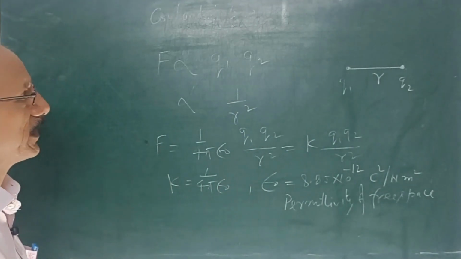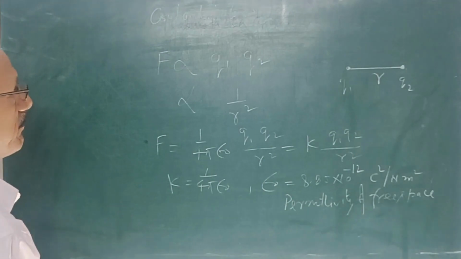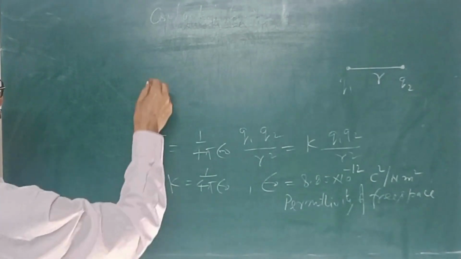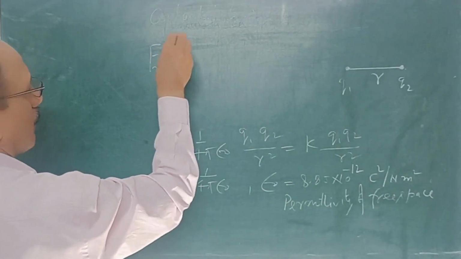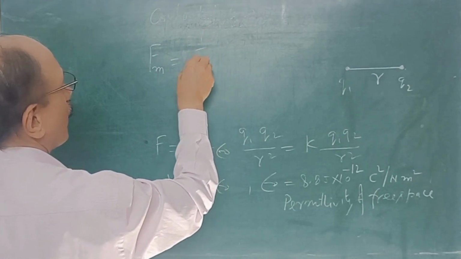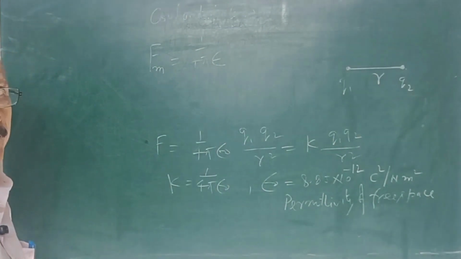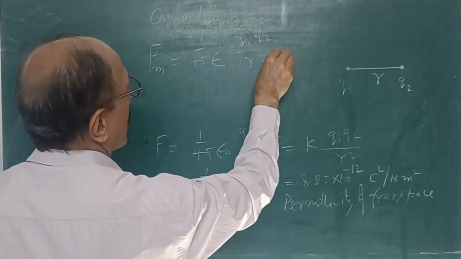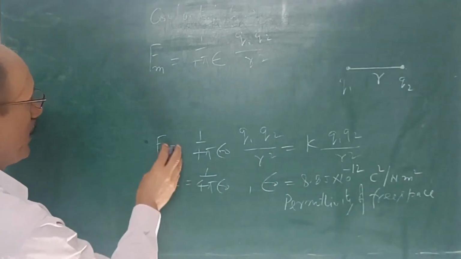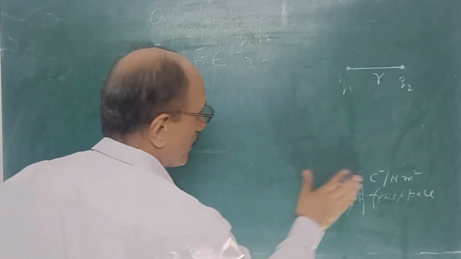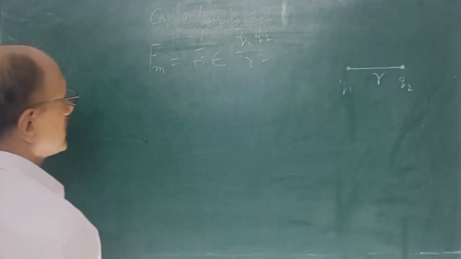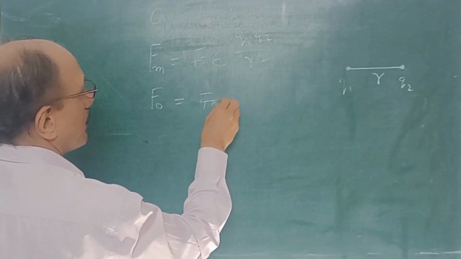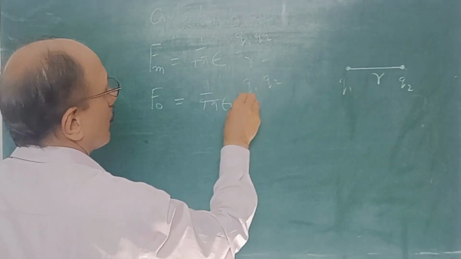But if these charges are placed in some medium, the force of interaction will become less. F medium will be equal to 1 upon 4 pi epsilon, the permittivity of that medium, Q1 Q2 upon R square. And the force in vacuum or free space is F naught equals 1 upon 4 pi epsilon naught Q1 Q2 upon R square.